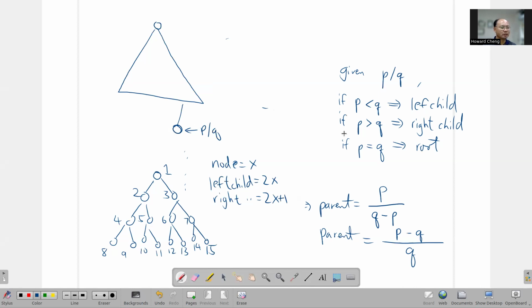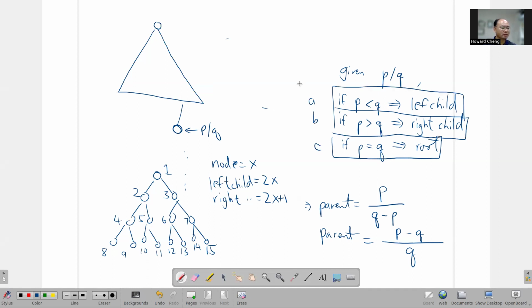I can tell one of these three cases, right? A, B, and C. If I'm case C, I'm done. Case C means that I'm at the root. I must be 1 over 1, so the answer is 1. That's the easy case.